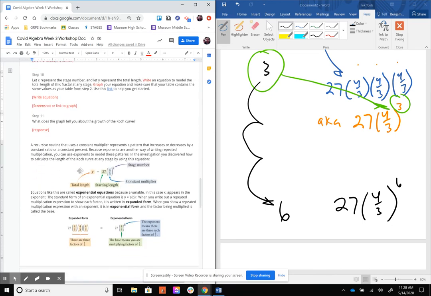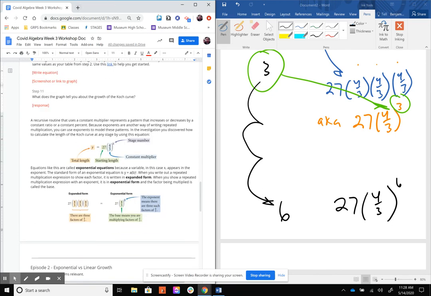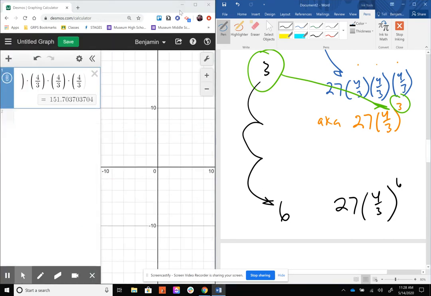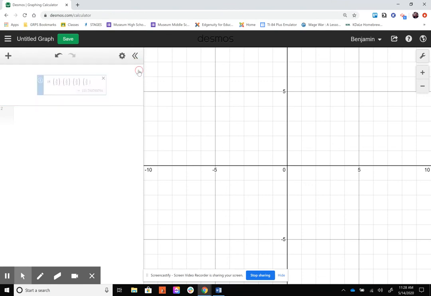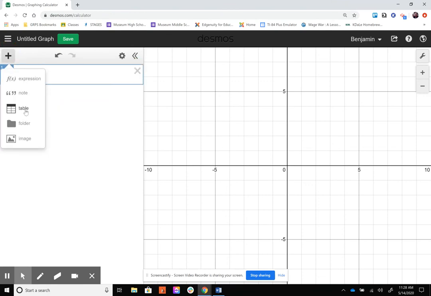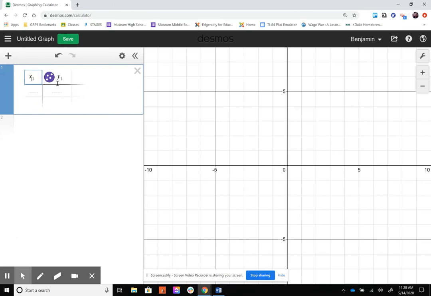Interesting here is step 10 asks us to do a graph. So when we're doing a graph, recall back to last week. You can create a table where we have stage number S sub 1 and length, total length, L sub 1. So if I have this stage 0, I have 27, right?